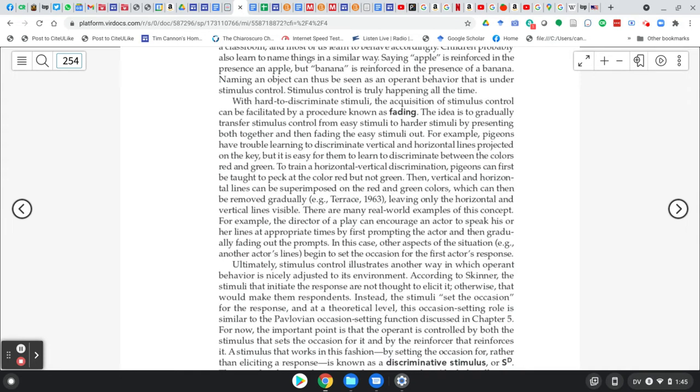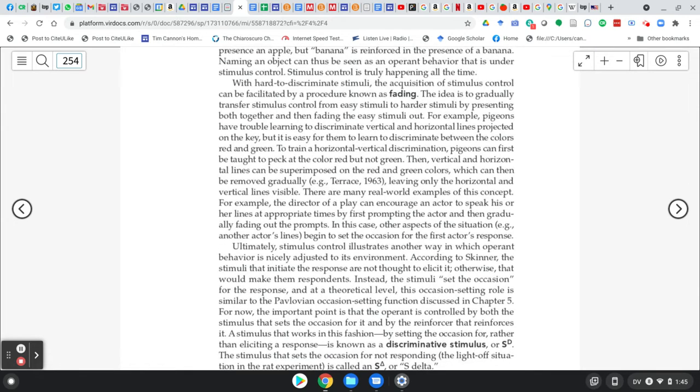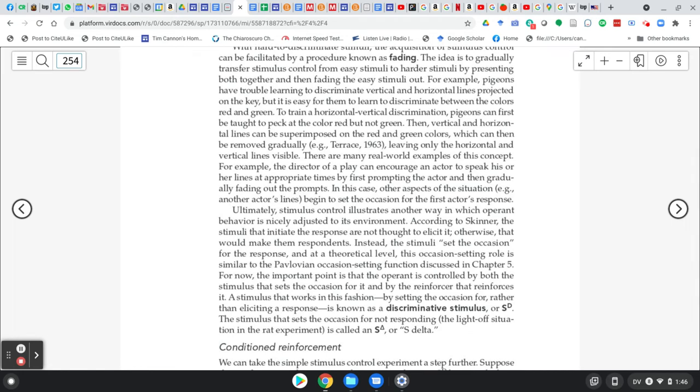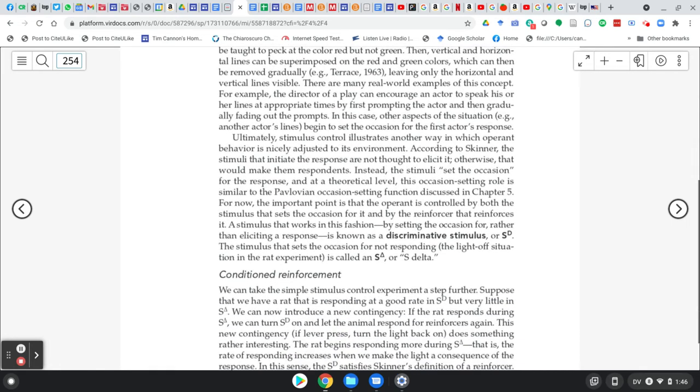And pigeons just aren't very good at that out of the box, but they're good at colors. So Terrace would overlay the pattern on the color and get the animal to respond to the color and then fade the color out. And finally, the animals were responding quite well to the patterns. Very clever. We'll come back to that in another chapter.